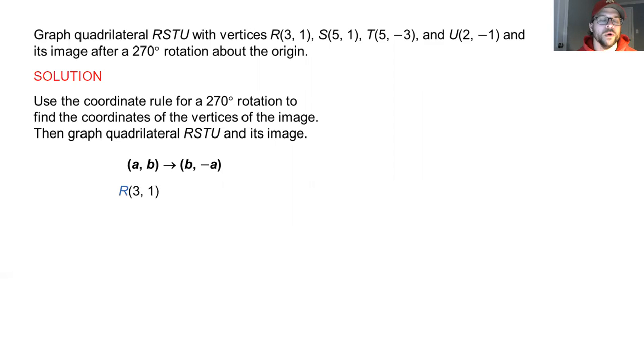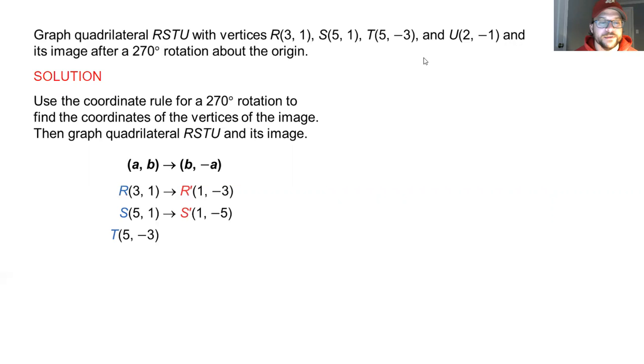So let's look at these one by one. First, we have our R coordinate, which is (3, 1). We're going to change the order of our numbers. 1 goes first, and then 3 becomes a negative because our y-coordinate always changes sign. Let's look at our S coordinate. We have (5, 1). Change the order and make your y-coordinate change sign. So from (5, 1), you change the order, and then your 5 now becomes negative.